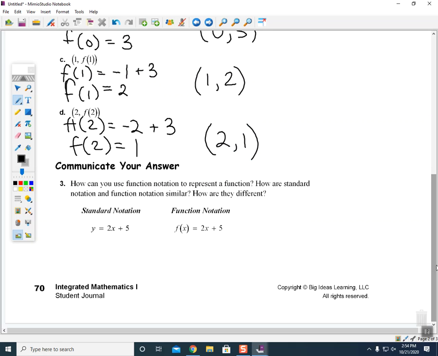So as we think about standard notation versus function notation, when I look at these two ways of writing the same thing, what do I notice is similar? Well, to me, the first thing I see is this 2x plus 5. I use the same expression in both.